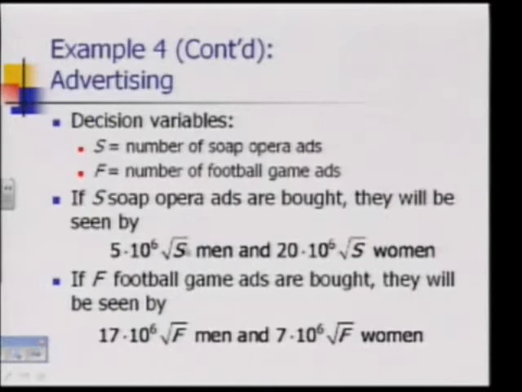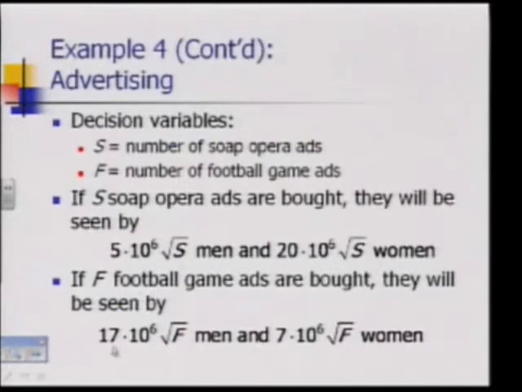Well, the problem is that sometimes we have to model that if I buy football game ads, they may be seen by this many men and this many women, and look at the difference. The leading factor is, they say, this is square-root proportional to how many ads you bought.